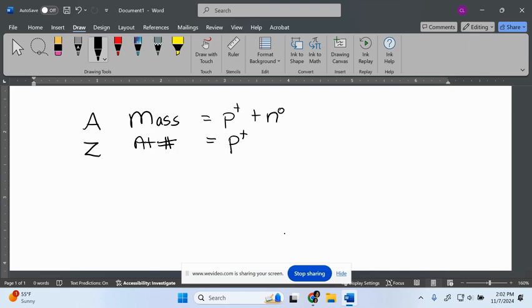All right, the next one asks for isotope notation. It asks for the isotope, the atomic weight, the atomic number, and then protons, electrons, and neutrons.